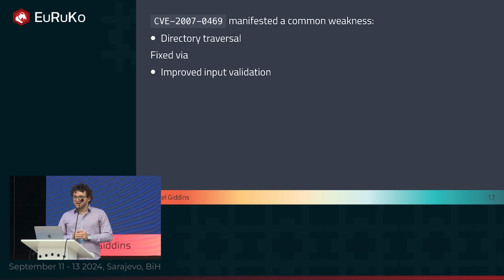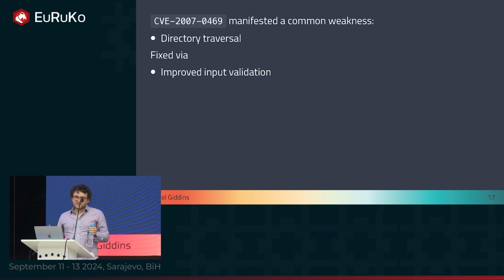If you've ever read patch notes for a security release of software, this sort of taxonomy should seem pretty common. Here's the weakness, the classification of it, and here's how it was fixed. And it turns out this is a pretty common one.